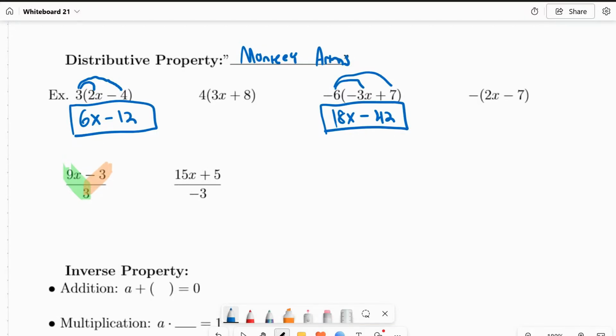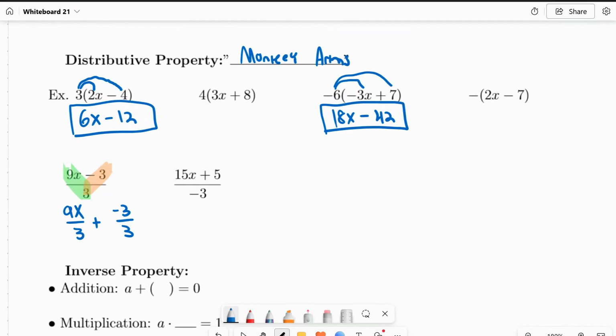So splitting this up, I would have 9x over 3 plus -3 over 3. I think it's easiest to keep the sign between your terms with the term in the numerator and then just add the two fractions together.